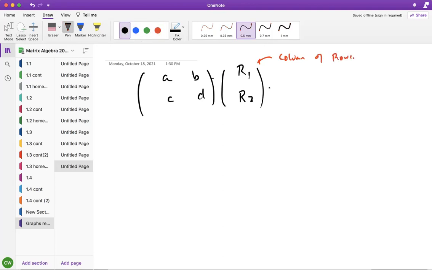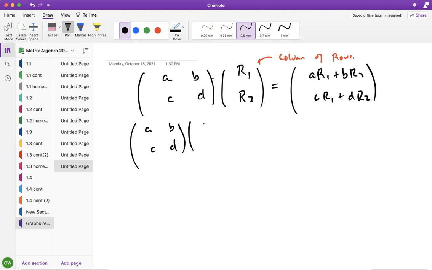So when you do this multiplication, you get A row 1 plus B row 2, and C row 1 plus D row 2. This actually works out if you replace this with X, Y, Z, W. It's AX plus BZ and AY plus BW, CX plus DZ, and CY plus DW.